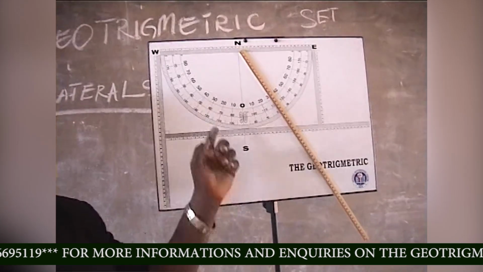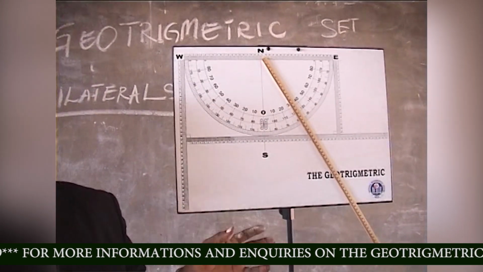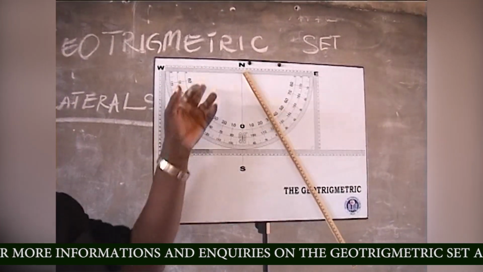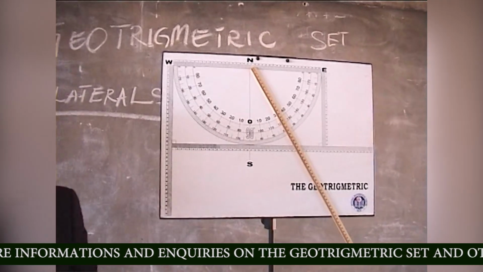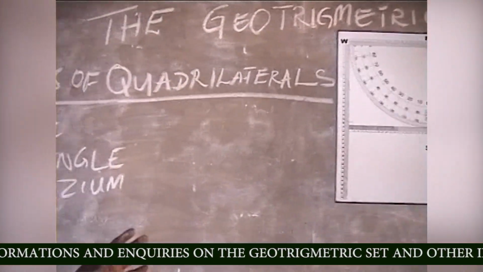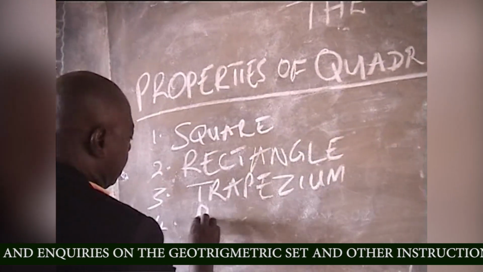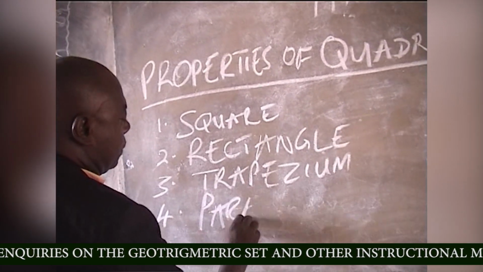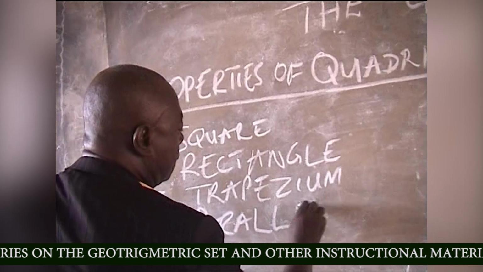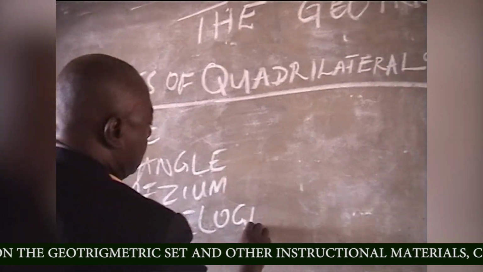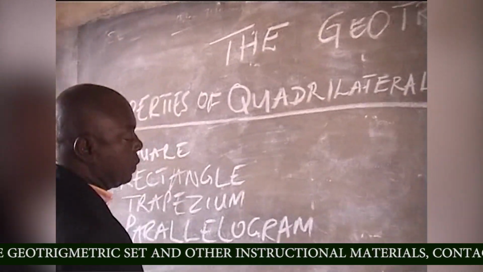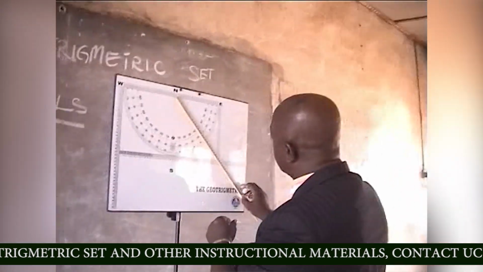That's this and this, only one pair. There is no other property. That is a trapezium. That's why it is different from the others. Parallelogram. Parallelogram.